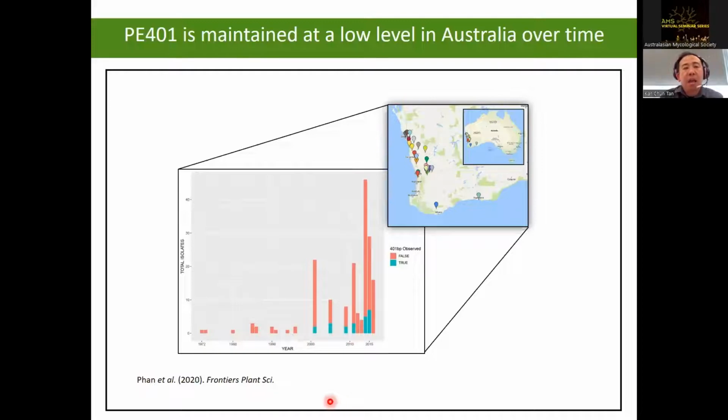Because P41 results in low TOX1 expression and therefore theoretically a less aggressive pathogen, why is the pathogen carrying P41 being maintained throughout the time? Why has it not been replaced by these more aggressive isolates? So we set out to try to answer that particular question.